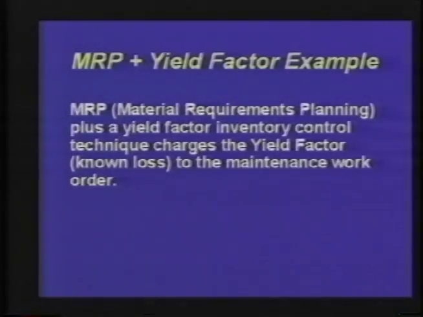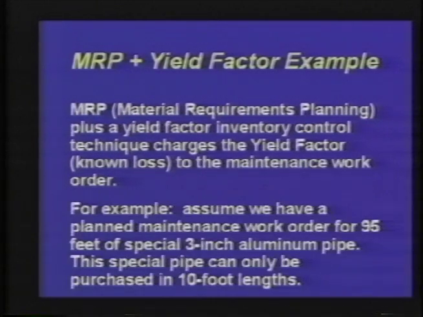So the first one, we're going to address the MRP application, and that is actual to actual. And then we're going to be looking at MRP plus the yield factor, and I've identified that. And I've tried here to use the same scenario that I did previously with that 3-inch special aluminum piping where we needed 95 feet. We can only purchase those in 10-foot lengths.